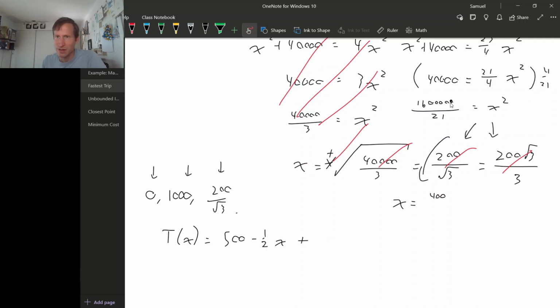Yes. Oh, yes, right. I already scratched out that one. So there we go, 160,000. So the square root of 160,000 is 400, over square root of 21. Okay, and I don't think this simplifies at all, right?